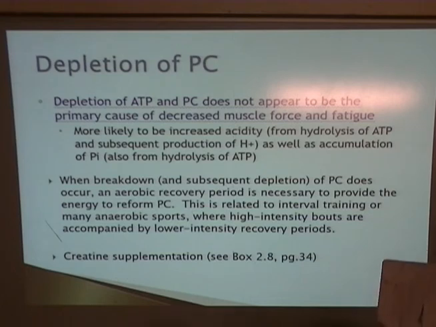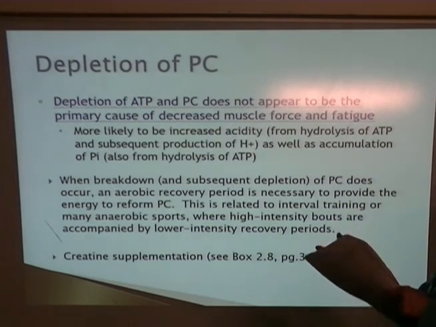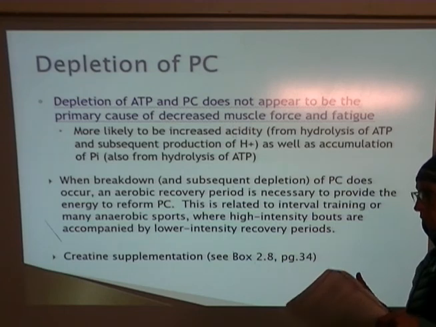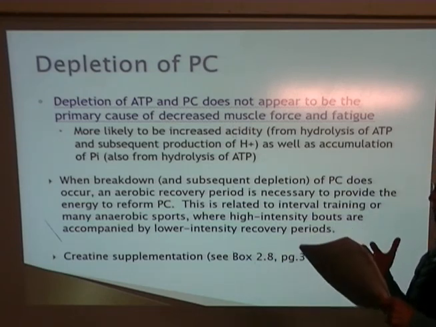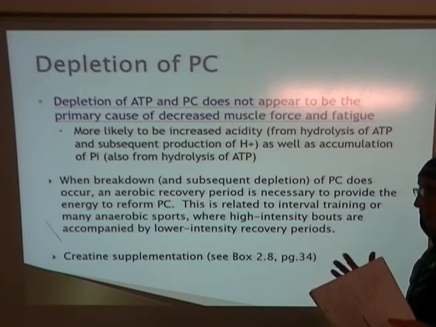So there are some pros and cons. Okay? The downside to creatine supplementation is that it appears that most people, a trade-off is water retention, right? That water retention can be 3 to 6 pounds.